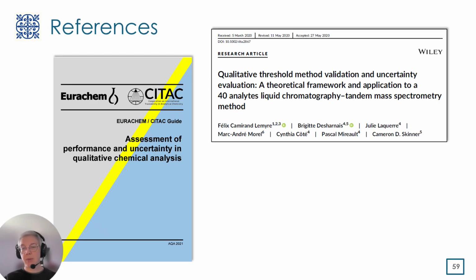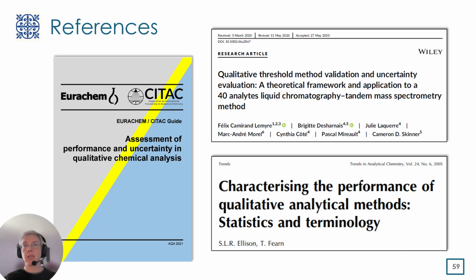This is one of my previous papers where I explored this framework to validate qualitative methods. And this is a paper by Ellison, which is a favorite of mine in method validation. He's such a good author, really clear papers that are very readable. Yeah, I love this author.